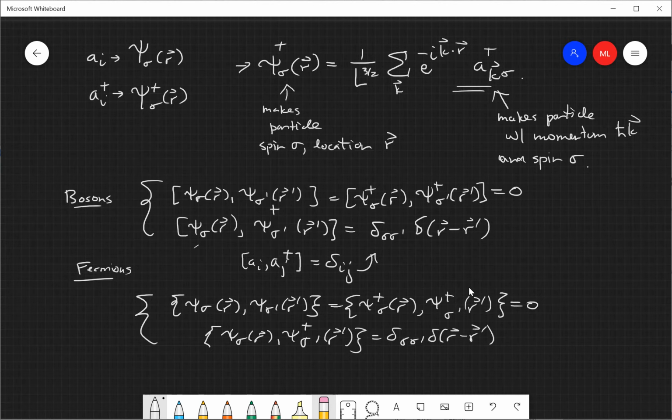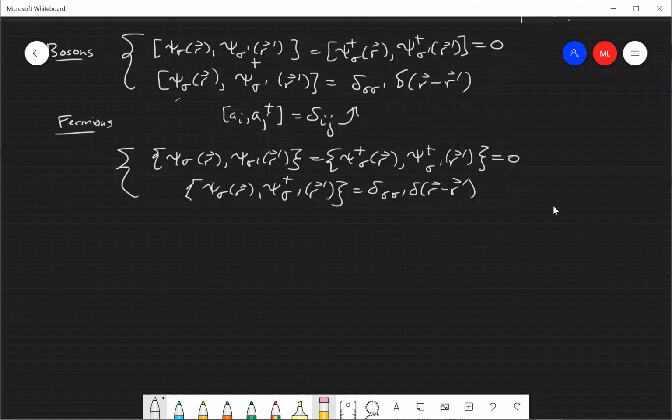It looks just as before, except the continuous part of the spectrum, the position coordinate, comes in with this delta function for the mixed commutation relation. And of course, when you're constructing operators, instead of summing over all the states i and j, you integrate over the coordinate.